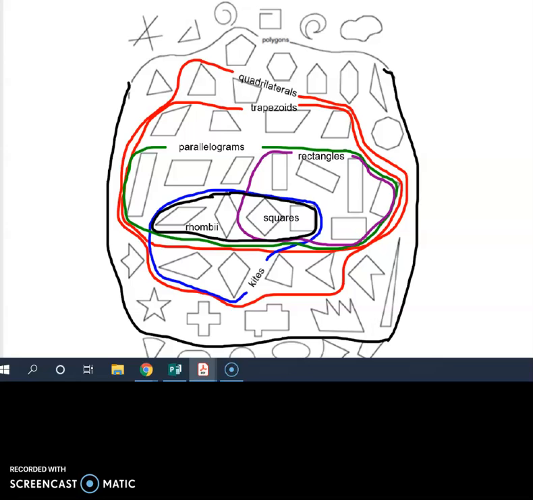Because it's not saying only one set, that means that parallelograms, rectangles, rhombi, and squares are all trapezoids. So hopefully when you drew this, you put all those shapes, parallelogram, rectangle, rhombus, and squares, inside the trapezoid loop, because by taking the word only out of the definition, all those shapes have one set of parallel sides.